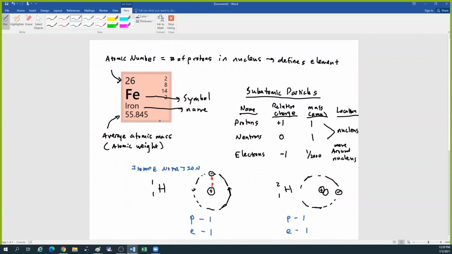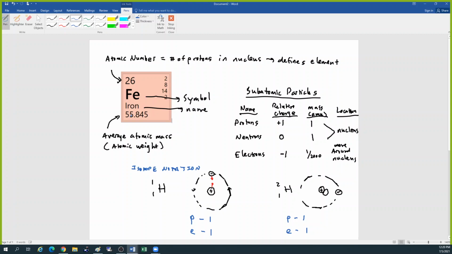The periodic table doesn't have room to write every possible isotope. So what they do instead is they give us the natural average of the atomic masses or mass numbers, as I'm about to define. And so this represents that average weight in a natural sample.